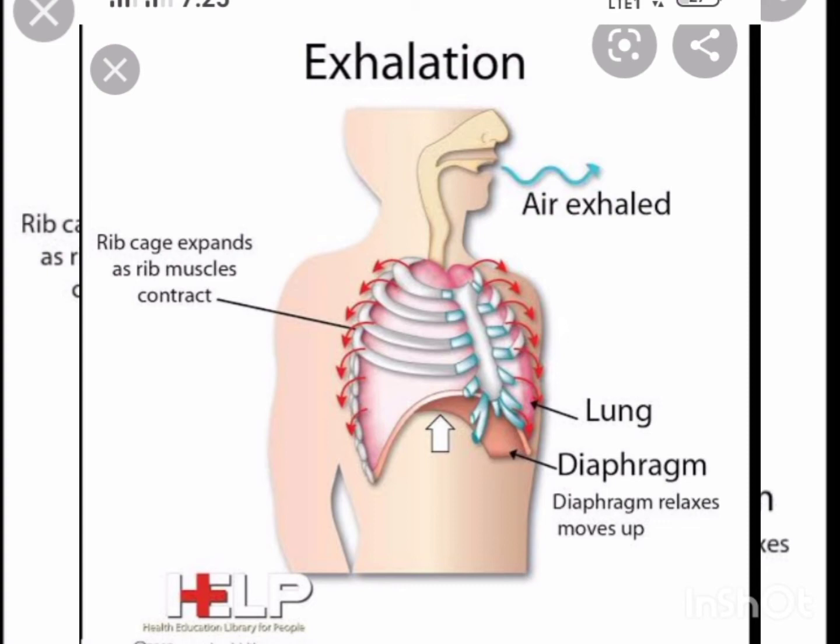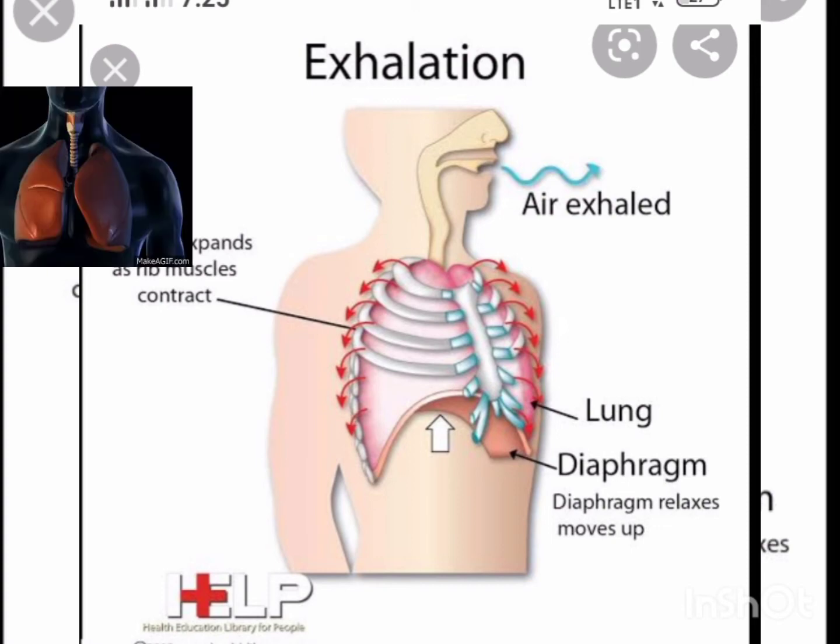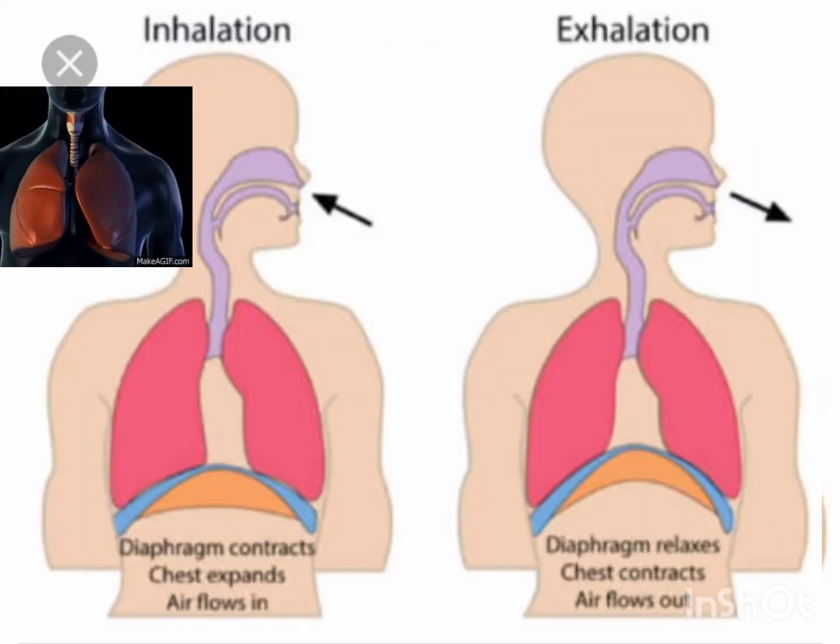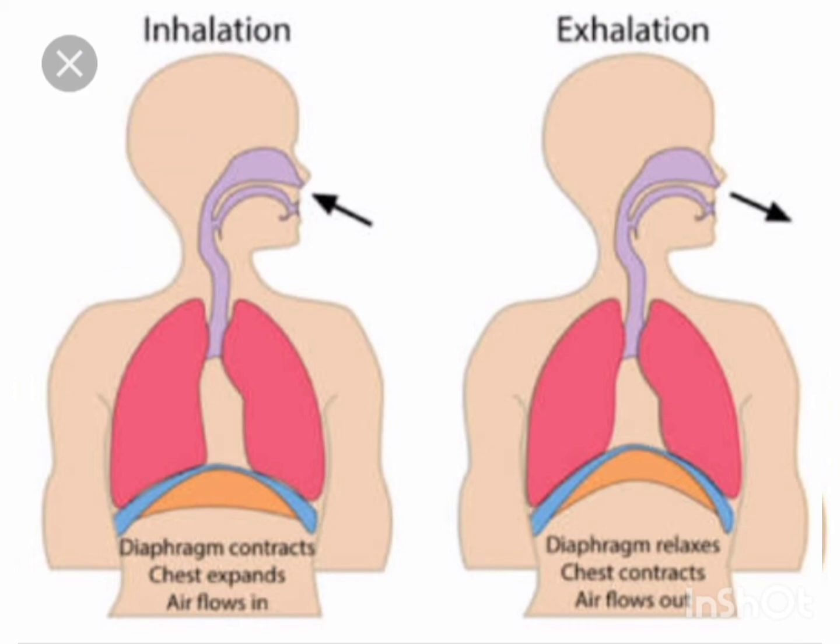It is a continuous process which goes on all the time and throughout the life of an organism. Inhalation: diaphragm contracts, chest expands, air flows in. Exhalation: diaphragm relaxes, chest contracts, air flows out.